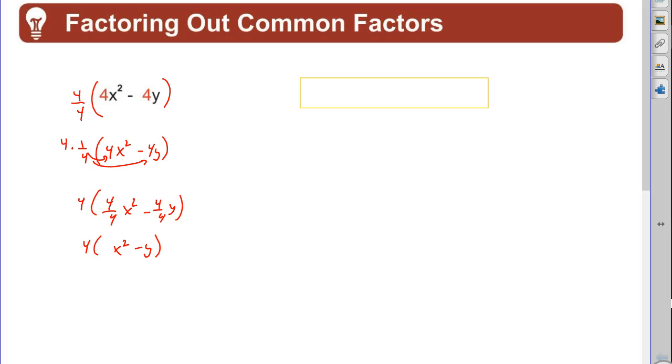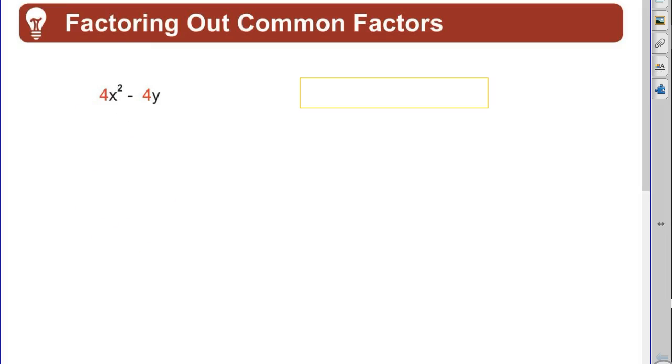Now, that's technically what's going on. You don't need to understand all that. Factoring out common factors is a whole lot easier. Just simply take a look at what is common and take it outside of a parentheses. And then whatever is left is inside the parentheses.